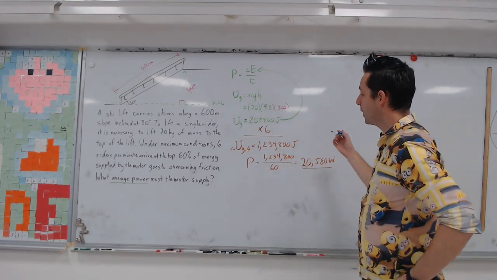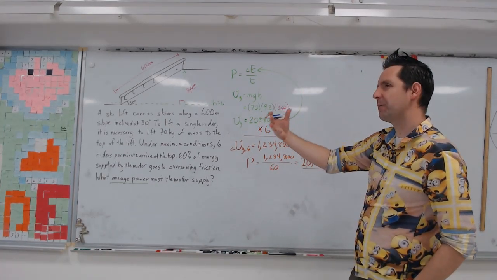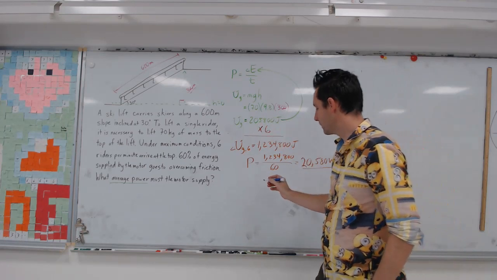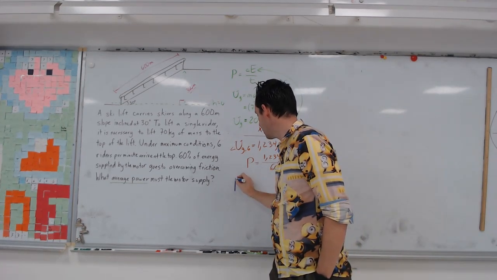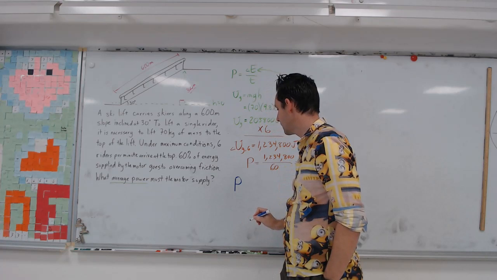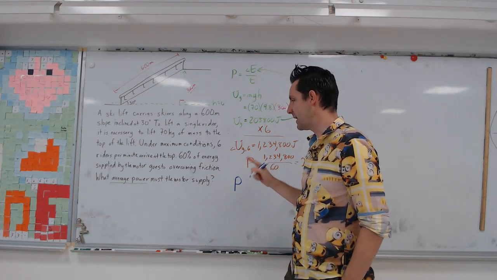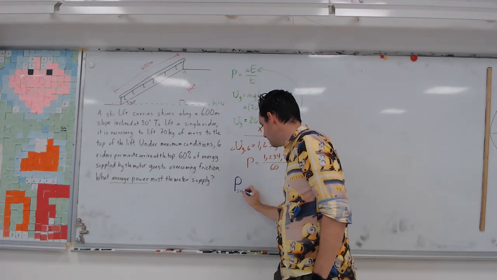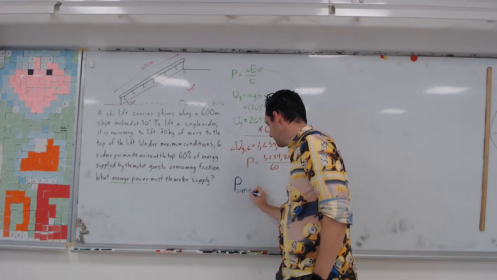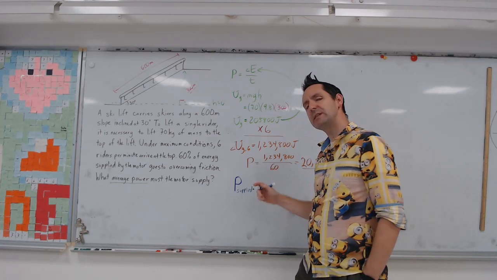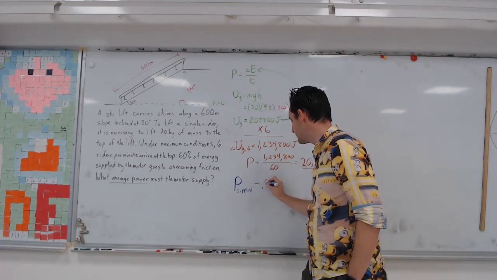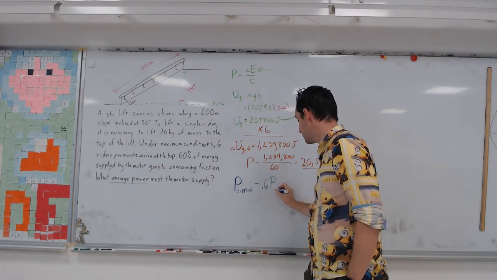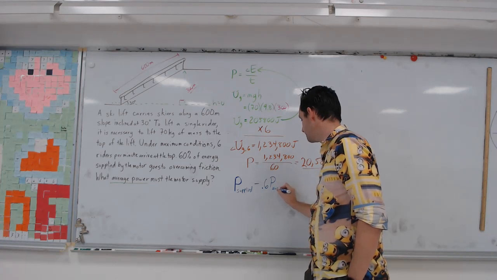We're going to have to say, well, I get a certain amount of power from the motor, right? So the power that the motor supplies, 60% of that is lost due to friction. So this is the power supplied. I'm going to lose 60% of that, so that would be 0.6 times whatever power is supplied.